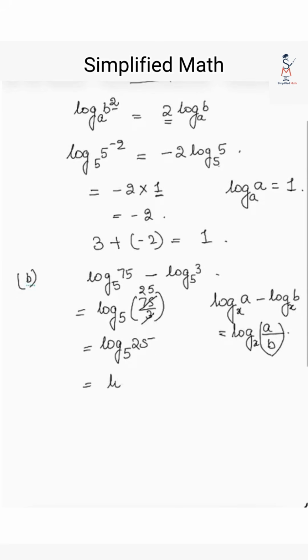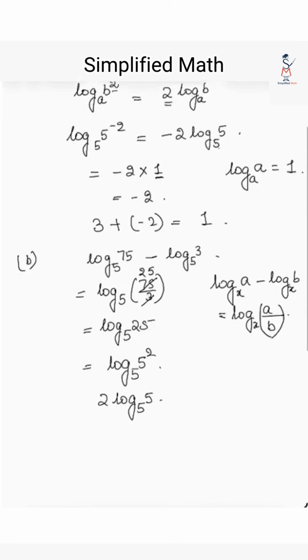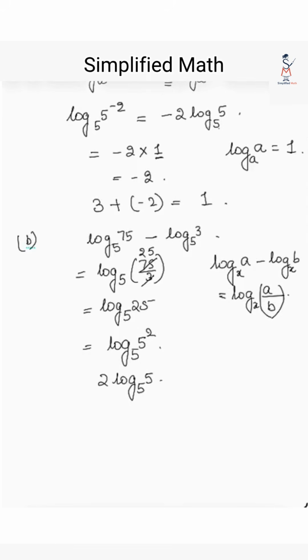Now we can write log 25 as 5 raised to the power 2. Fine. Now 2 will come in front. We saw that the power of the log can be written in front of the log, that is 2 multiplied by log 5 to the base 5. And when the log and the base value is same, the value of the log turns out to be 1. That is 2 into 1, that is 2.